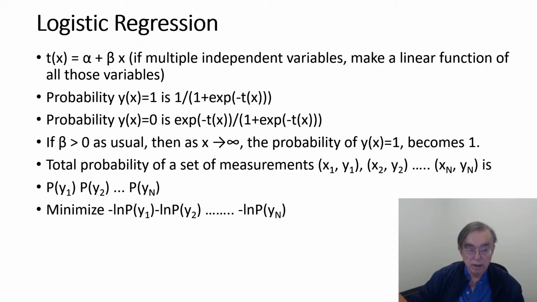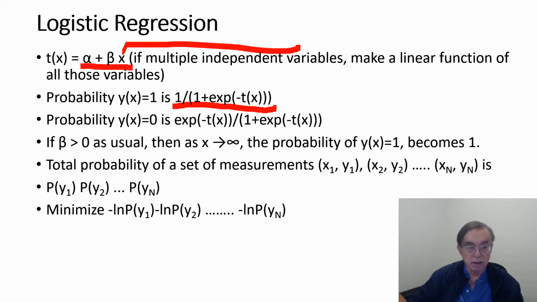In logistic regression, we have an exponential probability, 1 over 1 plus exponential of minus t of x, where t of x is just a linear function of the parameter x, which labels the observations, and the alpha and the beta of the model. And that's what we're trying to find.